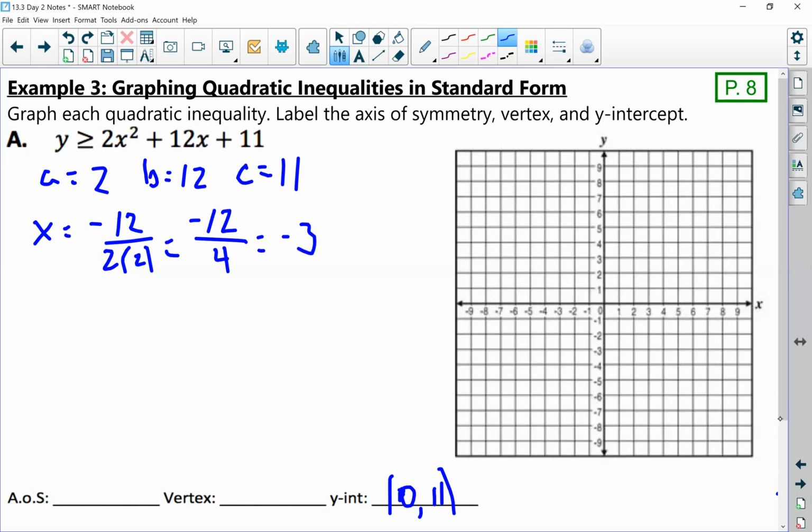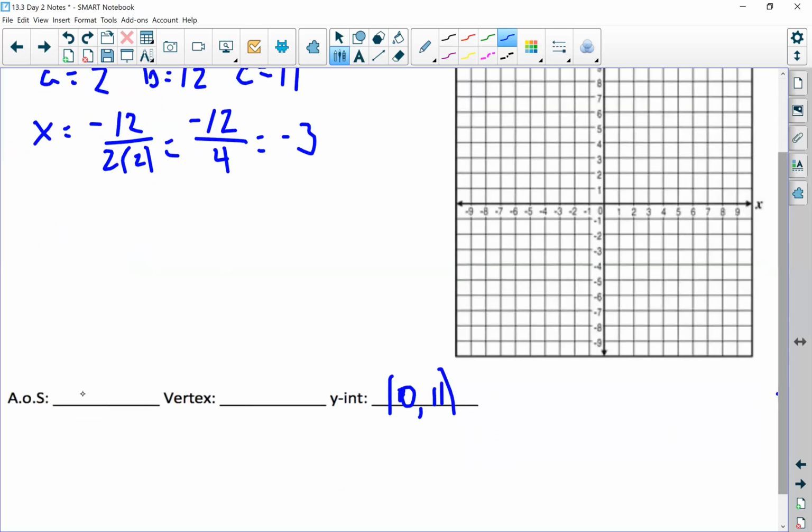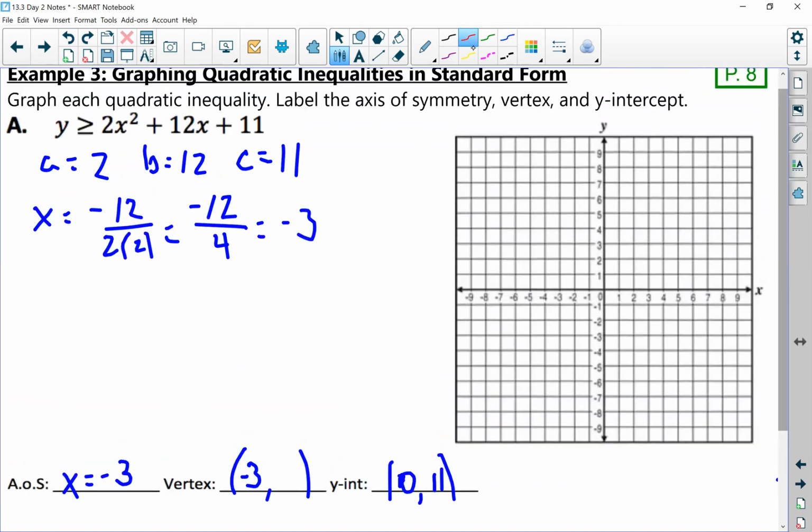So that's my axis of symmetry, and also the x coordinate of my vertex. So I'm going to draw that in red.